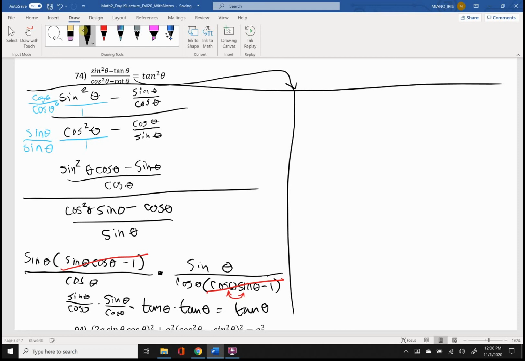I'm a really bad judge of how much room I need, and I'm wasting all of this space over here to establish this chart-like format that I'm used to. In my mind, establishing an identity is you work on one side and you get it to match the other side. So the other side of the workspace is meant to be left blank in that regard.